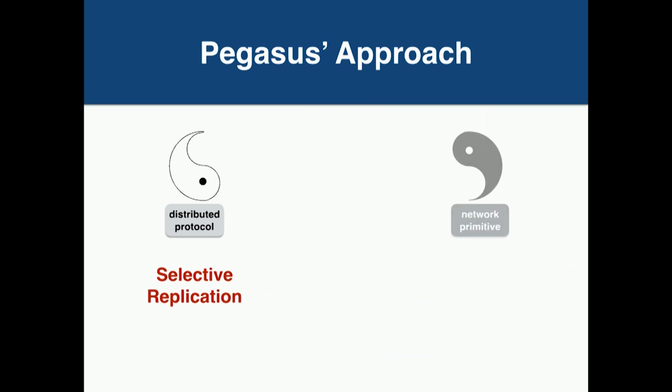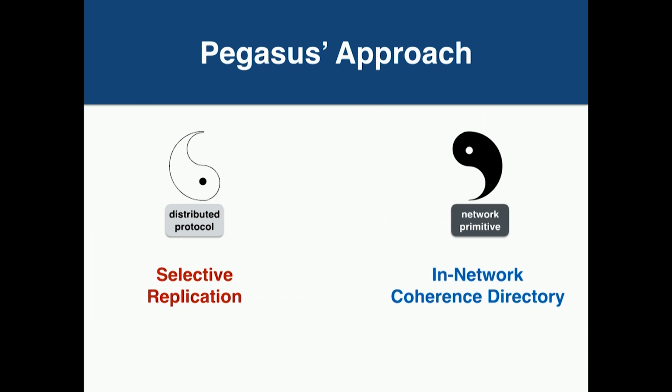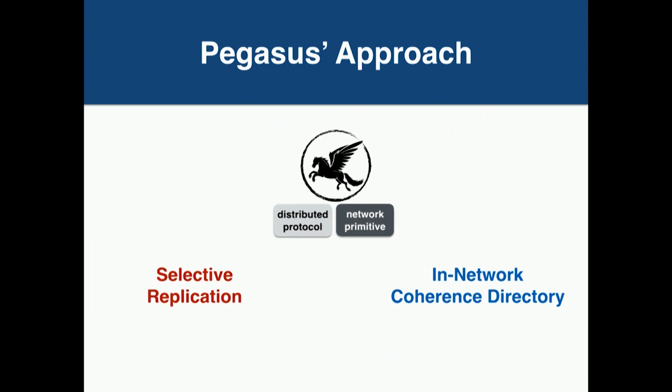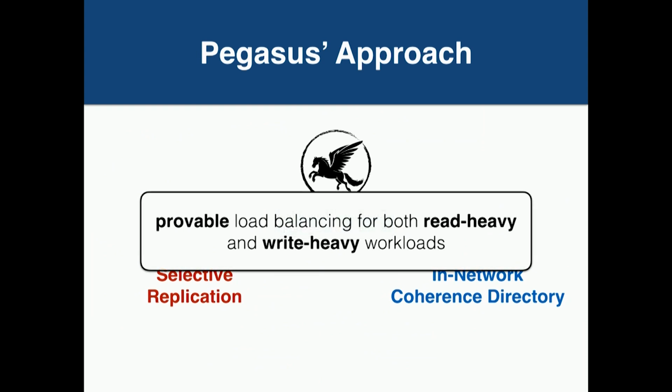And then, in order to maintain the set of replicated objects and also the location of where the servers have the latest copy of the data, we build innovative in-network coherence directories directly inside the switch data plane. By this innovative co-design approach, Pegasus is able to provide provable load balancing for read-heavy, write-heavy, and mixed workloads.